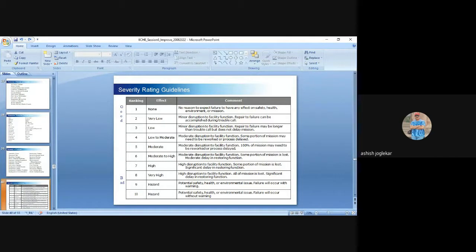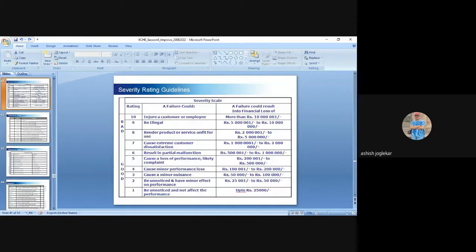We also have a rating on the money part, where the failure is causing damage to the business of how many rupees. 25,000 rupees or less, then it can be 1. If you are having 10 lakhs, or say 1 crore or more, then it can be 10. So the higher the severity, the higher the rating.